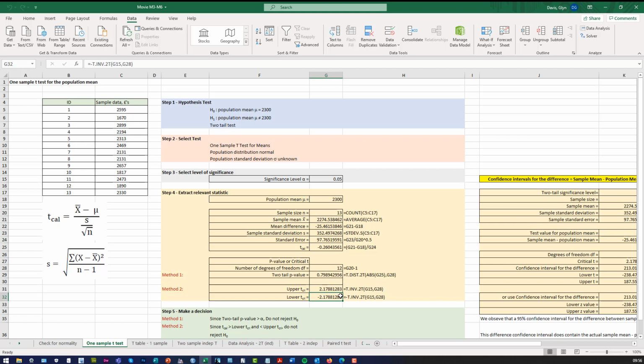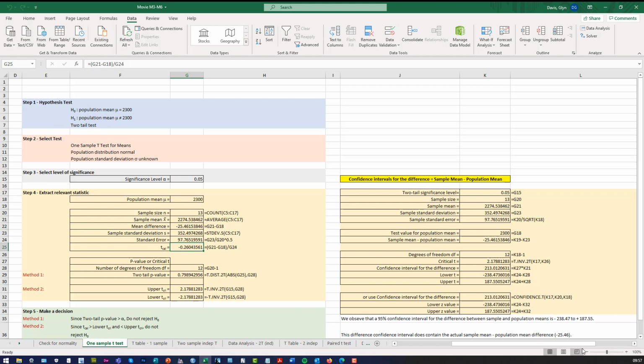We get from minus 2.1 to plus 2.1, and you can see that our value lies between those numbers. So again, we would accept the null hypothesis. You would get the same conclusion whether you use the t against the critical values or the p-value against the significance level. So that's the standard hypothesis testing procedure.